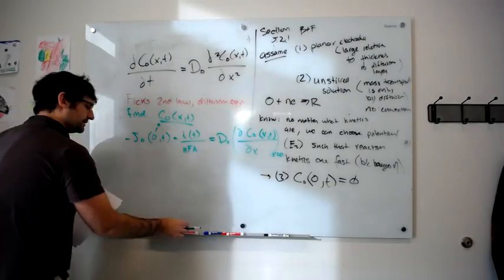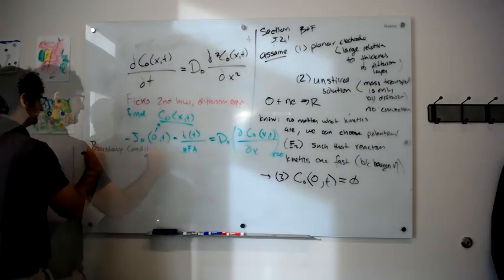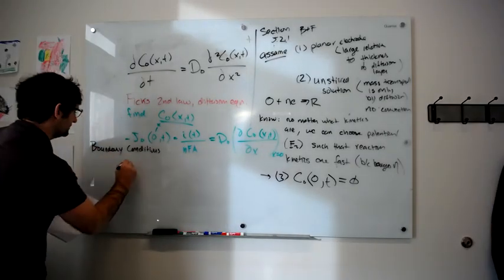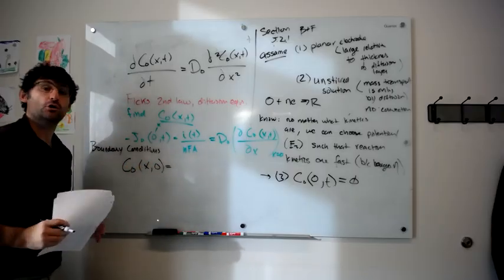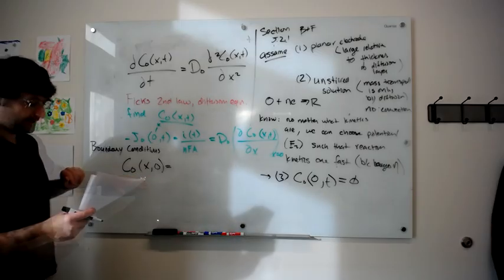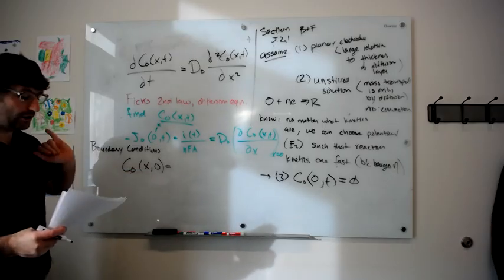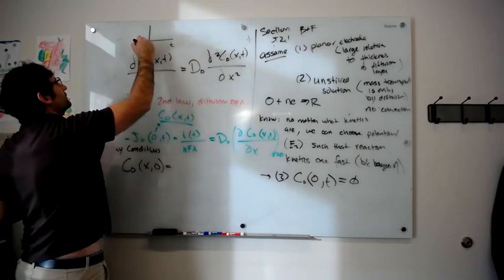And so we need boundary conditions to solve this problem. Our boundary conditions are C_O(x,0) equals what? What should we set the concentration of O to be at time equals 0 for all x? Well, remember what our potential step looked like.